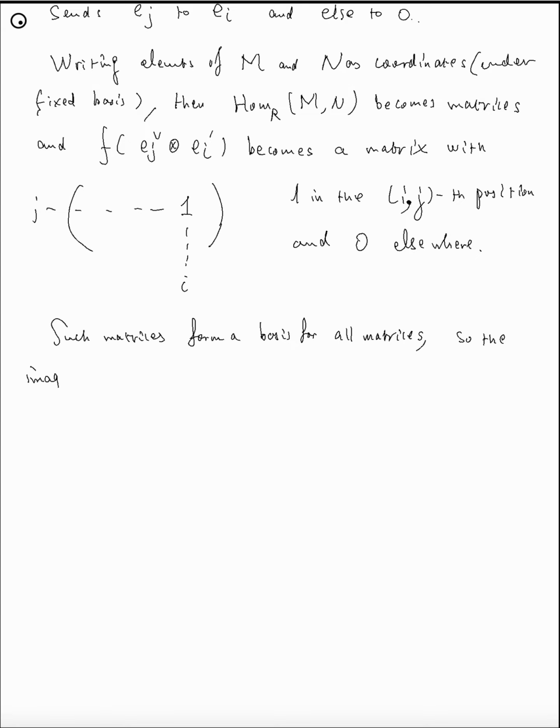And so as a conclusion, the image of F contains a basis of this free R-module Hom from M to N. It's very similar to linear vector spaces. You fix the basis and then the linear transformations become a vector space. The dimension is just the dimension of M times the dimension of N, because it describes all elements by matrices.